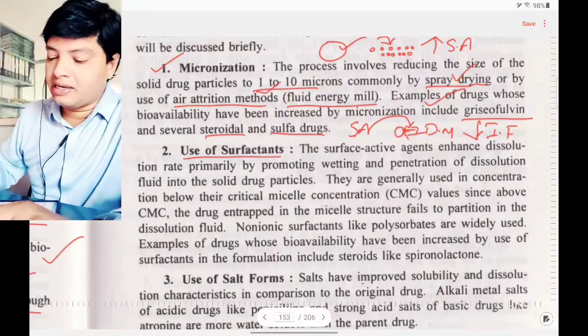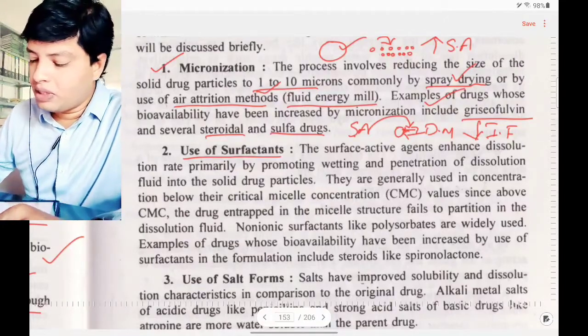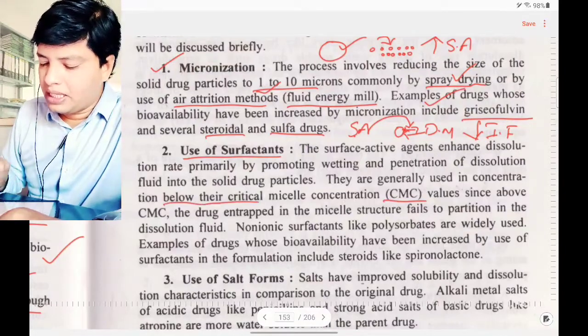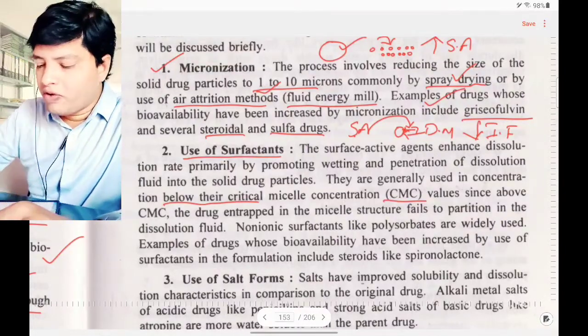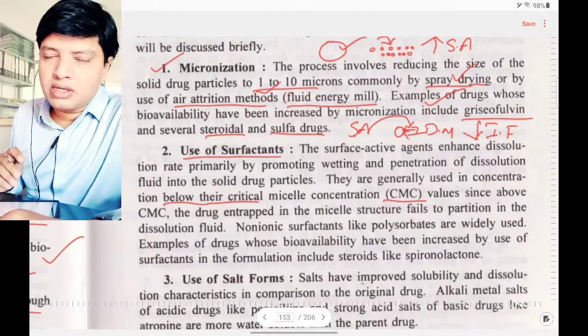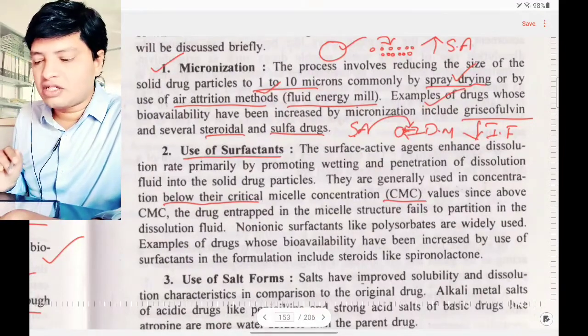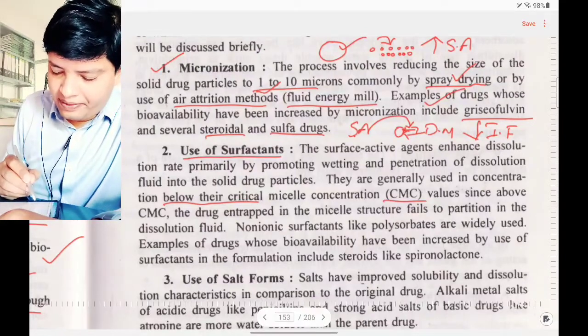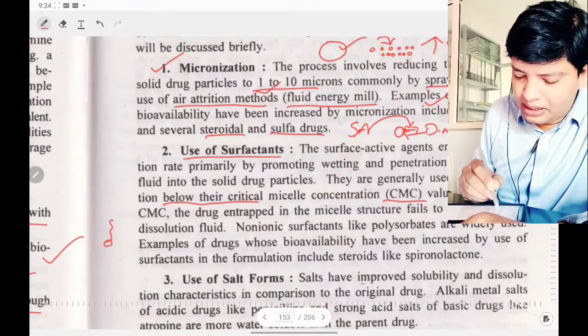Here one catch is there. You can use the surfactant only below the CMC, the critical micellar concentration, the concentration at which the surfactant starts forming micelles. Let's say this is a surfactant, with a tail and a head.